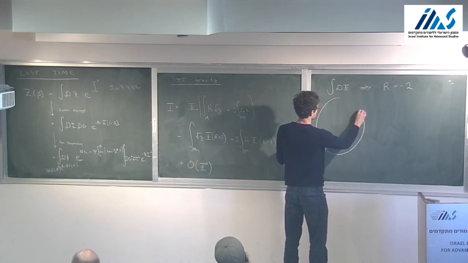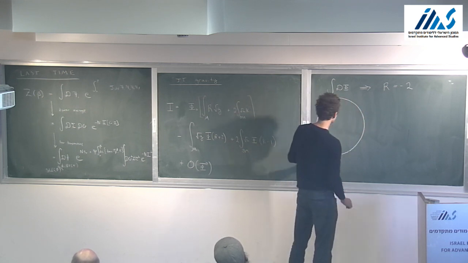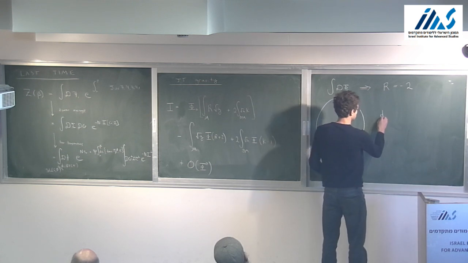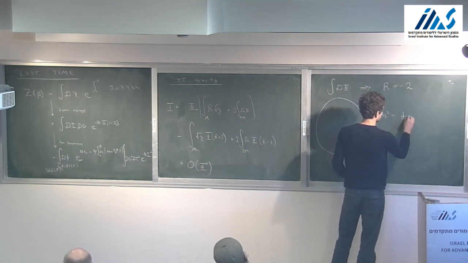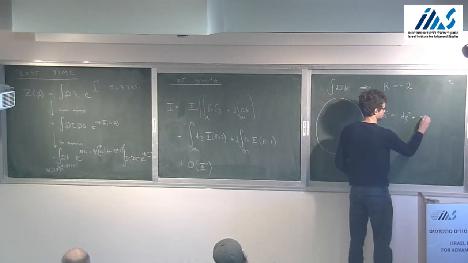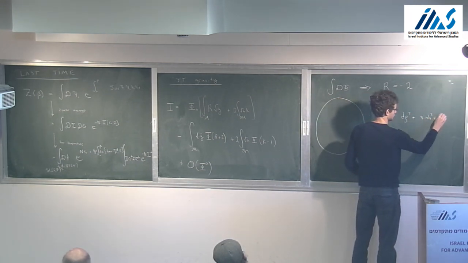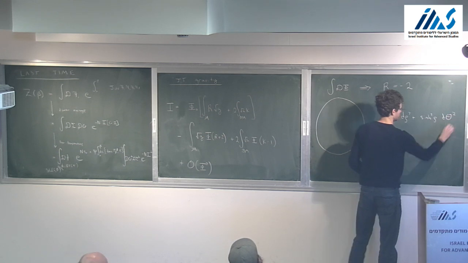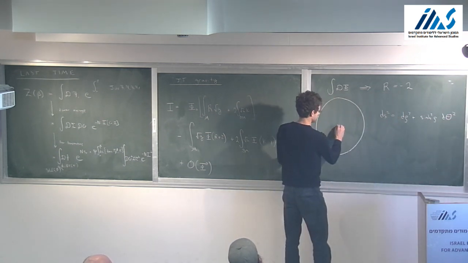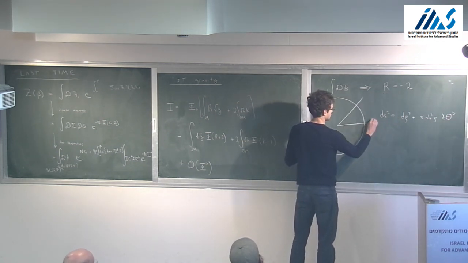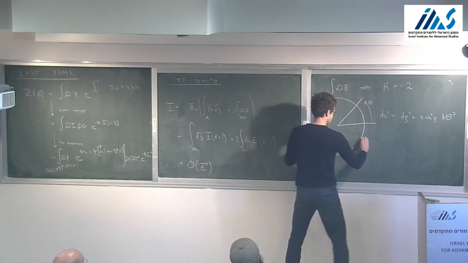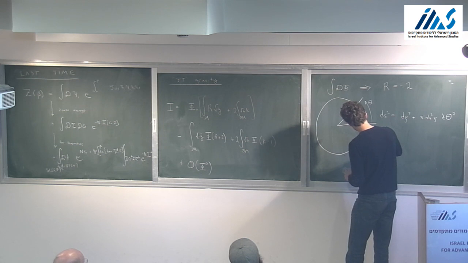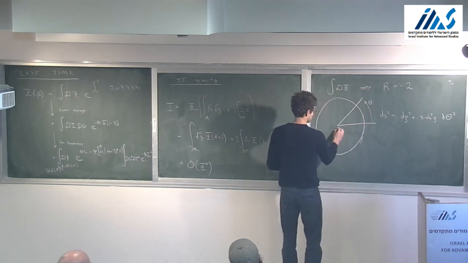So let me first draw the whole hyperbolic plane. So this is the hyperbolic plane, which we can write in some coordinates like this. So in these coordinates, theta is an angle, and rho is equal to infinity at the boundary, and rho is equal to 0 in the center.